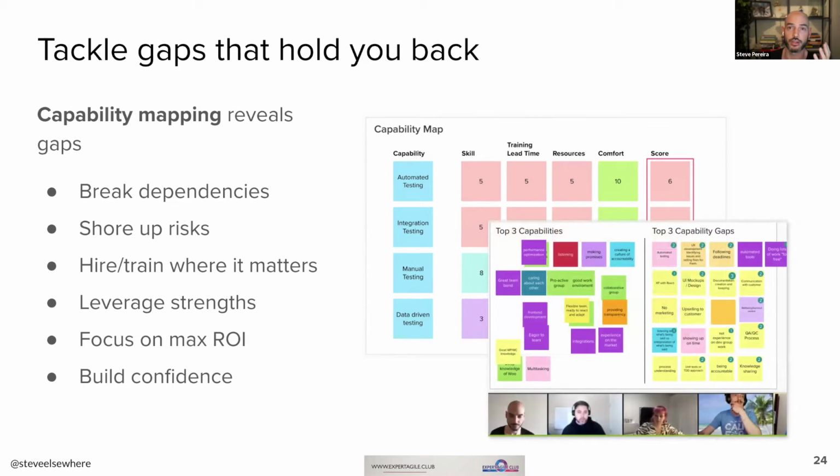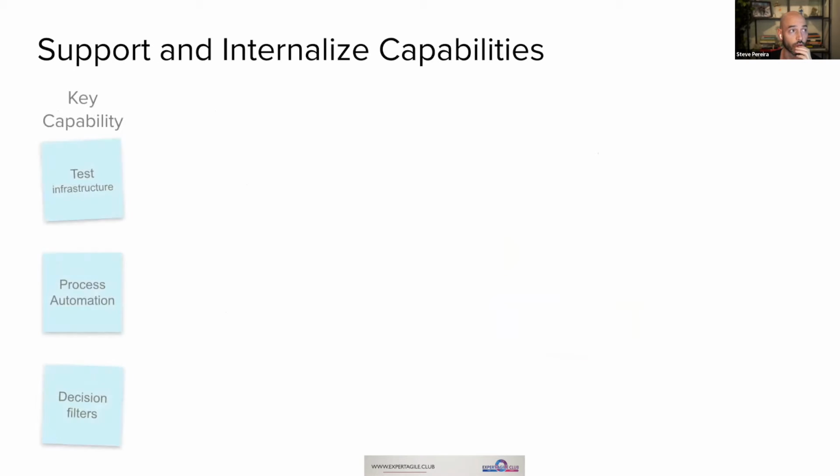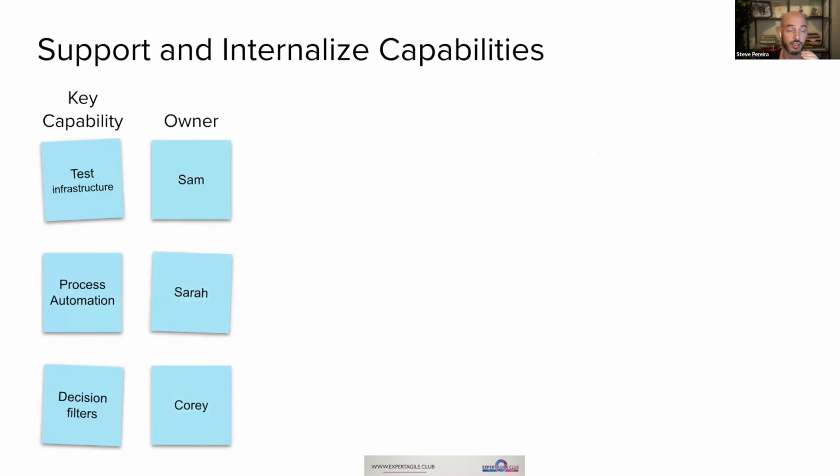And this is a very similar technique to the rest of them. We're going to be looking at just the most important capabilities. We want to understand who currently owns them. And so in many organizations, nobody owns things, which is our first challenge. But in this case, at least we have owners for each of these capabilities. That's a great step in the right direction.